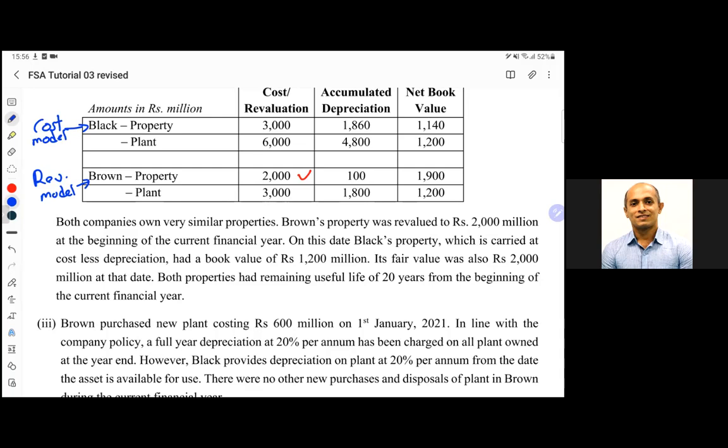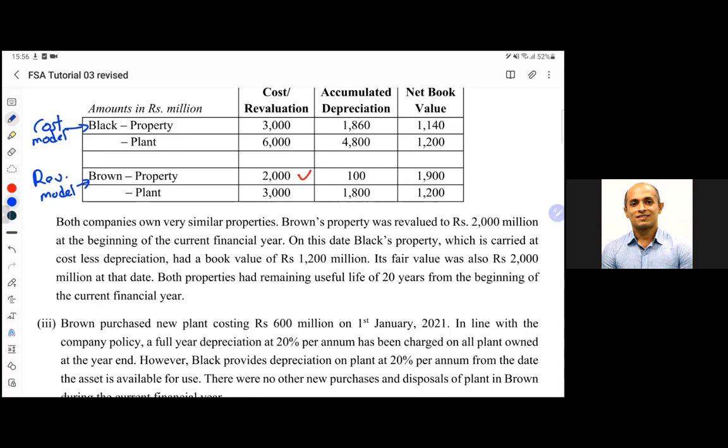Now, can you compare the two companies? Their accounting policies are different. When two companies' accounting policies are different, you can't compare their financial statements, because they are not on the same basis.